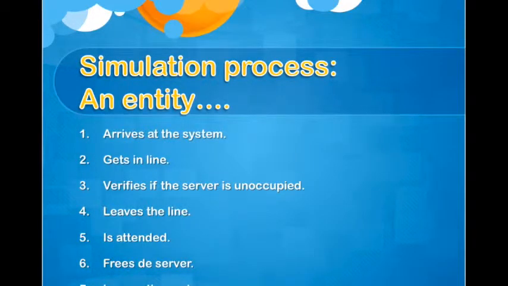But let's not forget that a simulation process has an entity that arrives at the system, gets in line, verifies if the server is unoccupied, leaves the line, is attended, frees the server, and leaves the system.